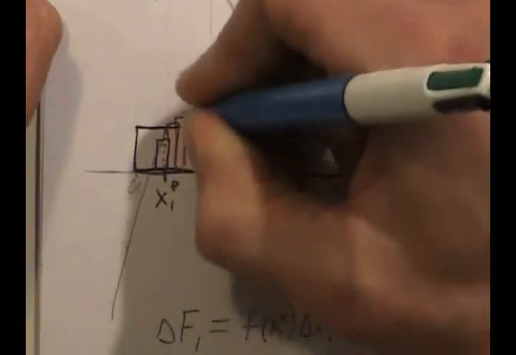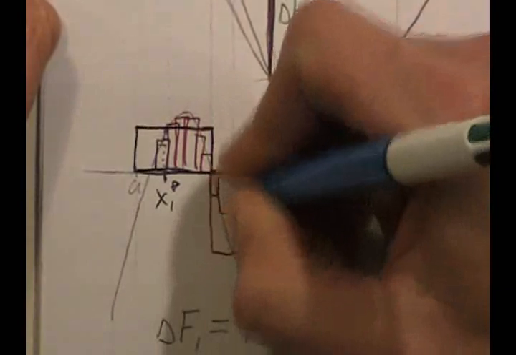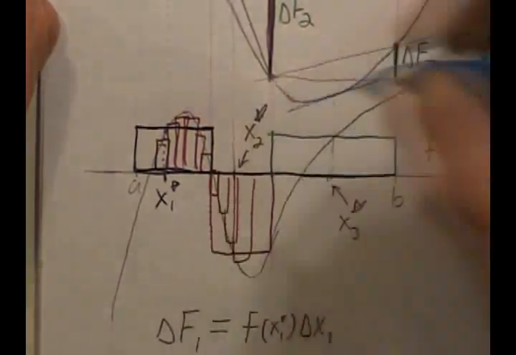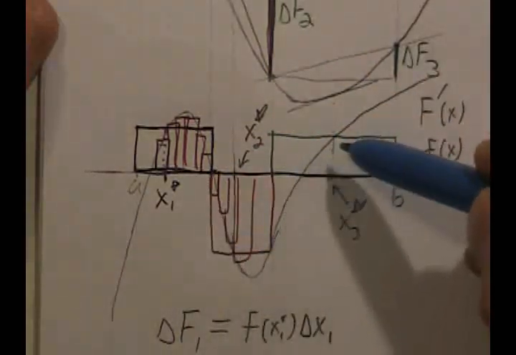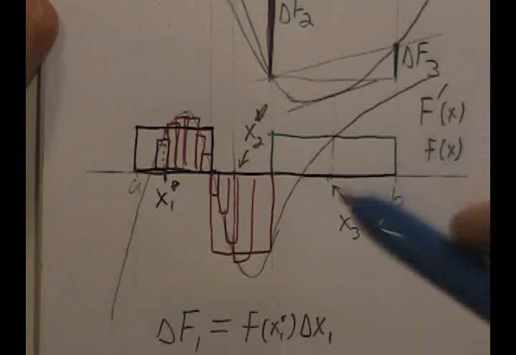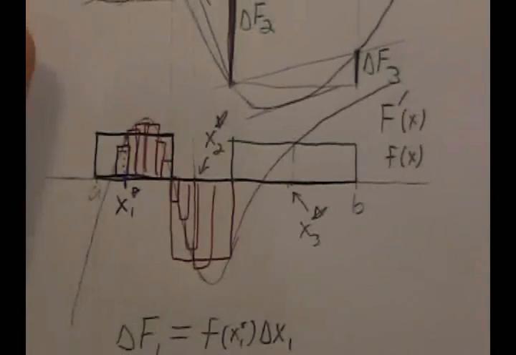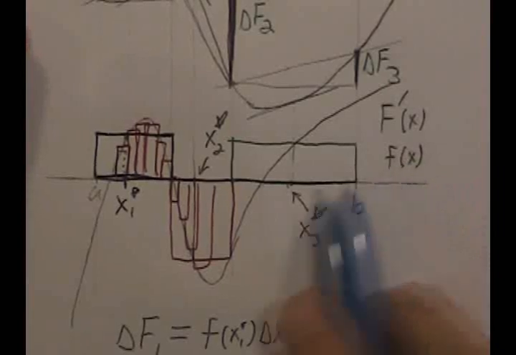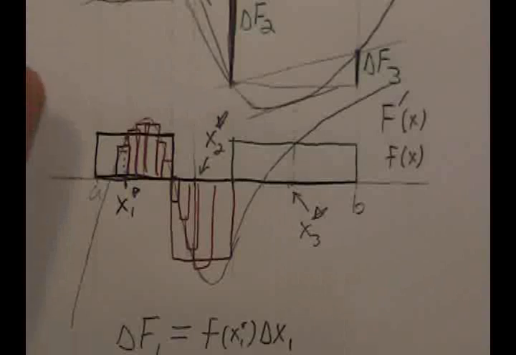And what we would eventually get would be this if we did this over and over and over again with a lot of these boxes instead of just 3. You would get enough boxes in here that it would totally fill in this entire space. And that would mean, if we could do that forever, that would give you the net signed area between the little f function and the x-axis. So you can see this thing kind of coming together here.